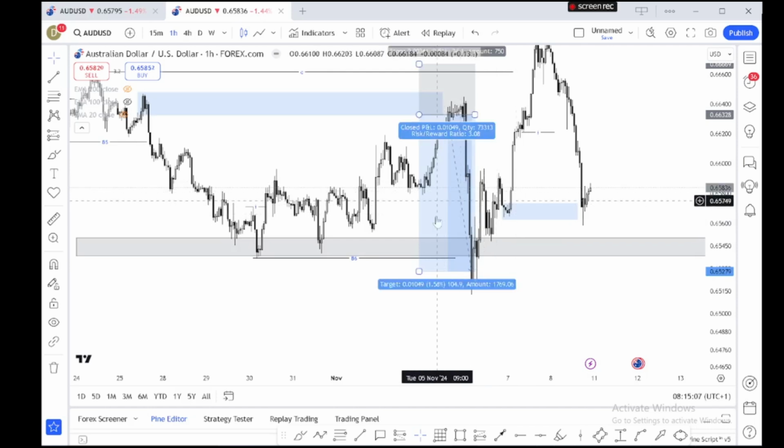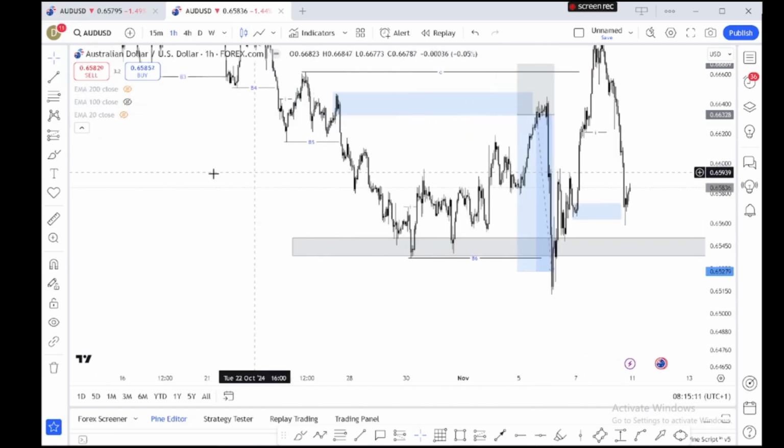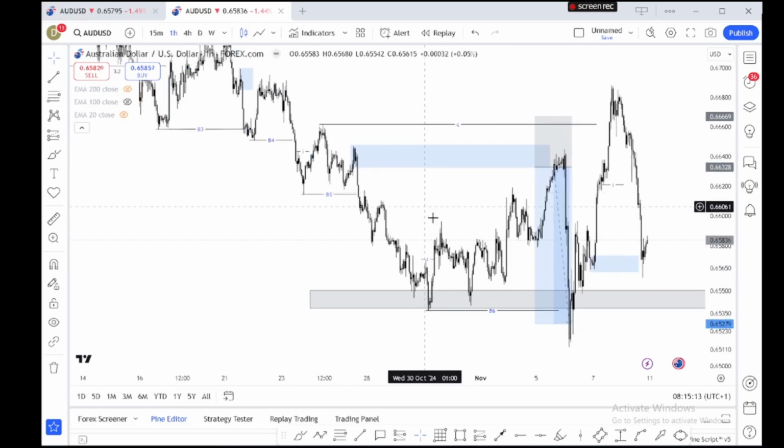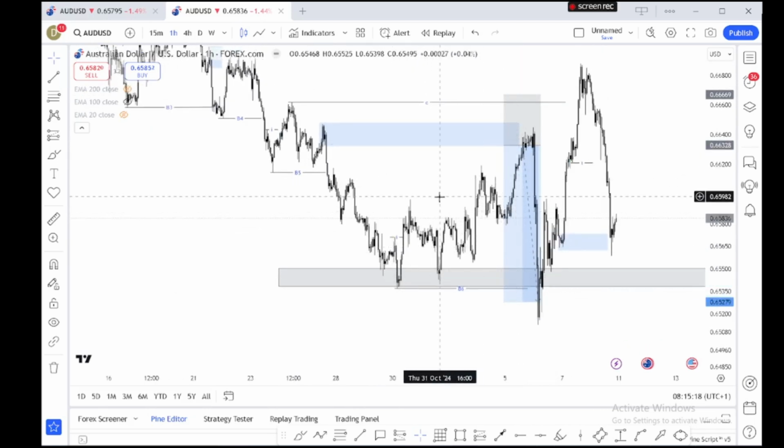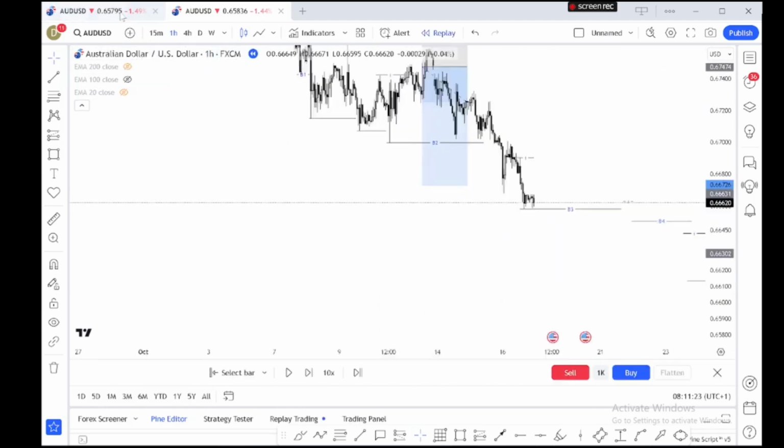So this is the trade I had on AUD USD, 1 hour time frame, and as you see, smooth take profit hits. I would like to explain how I was able to position myself for this trade.